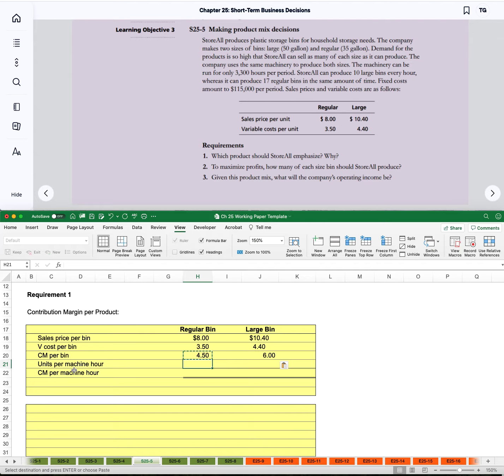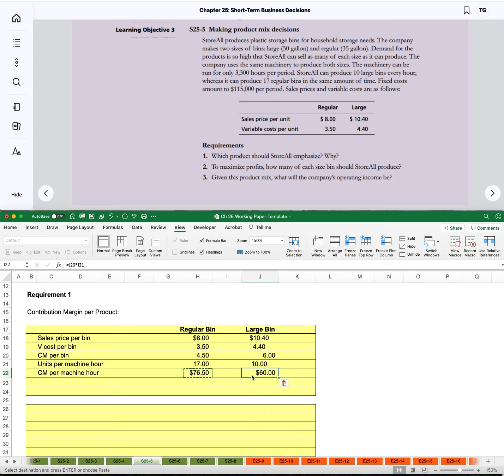So how many units can we create per machine hour? 17 regular or 10 large. And so now we multiply the contribution margin per bin times the units per machine hour, and we get $76.50 for the regular, and we get $60 for the large.